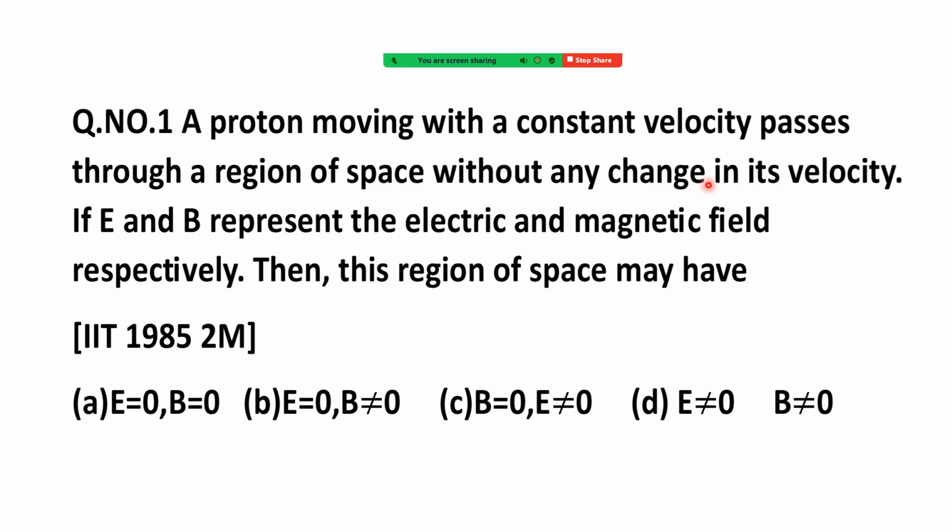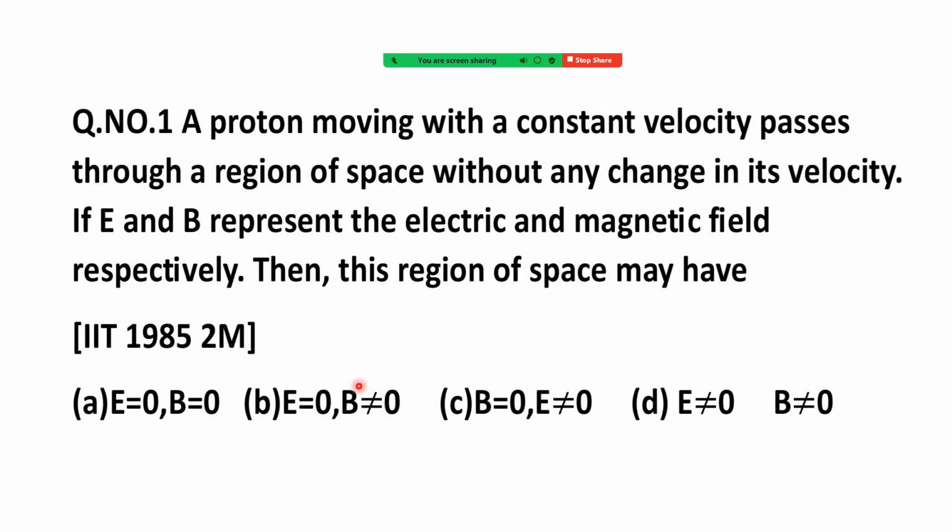Why net force is zero? Because velocity is not changing, right? Then one possibility, both fields are absent, E equal to 0, B equal to 0. This is one possibility. No electric field, no magnetic field. And here one more thing, we are not taking gravitational field. Only these two. Next, see second possibility. Electric field not present, but magnetic field is present.